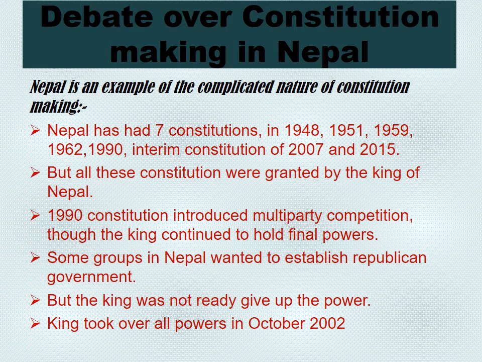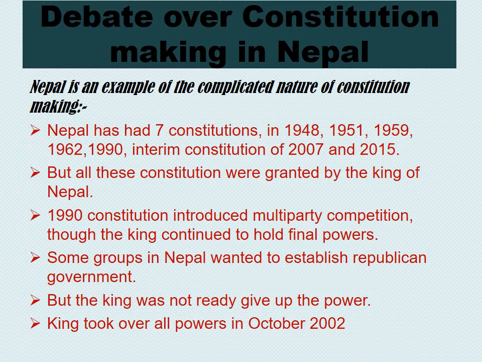Nepal is an example of the complicated nature of constitution making since 1948. Nepal has had 7 constitutions: in 1948, 51, 59, 62, 1990, 2007 and 2015.